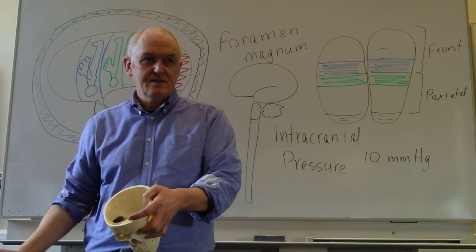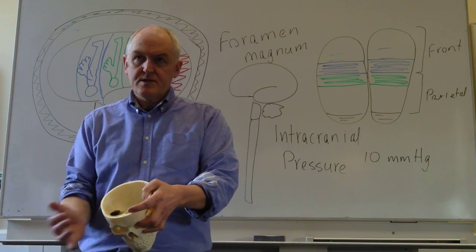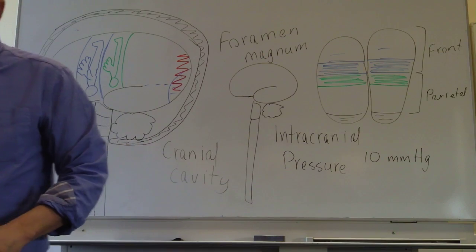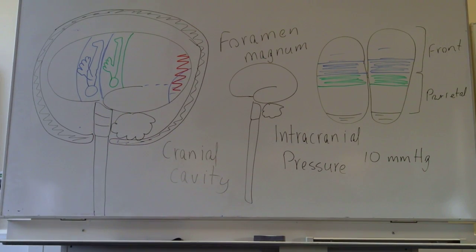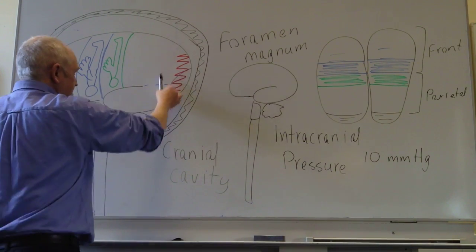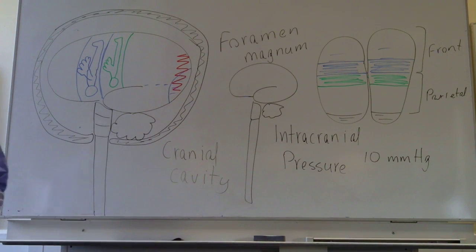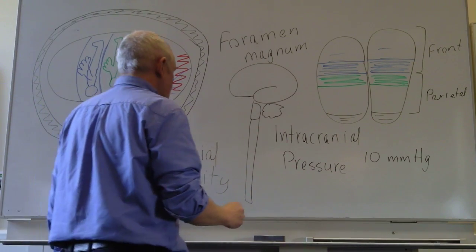Does that make sense? Now, if you get a little hit, it won't. If you get a big hit, it will. So if you get a head injury, you can end up with an inflamed area of the brain. And that can lead to swelling. We could call that, if you want, a cerebral contusion.